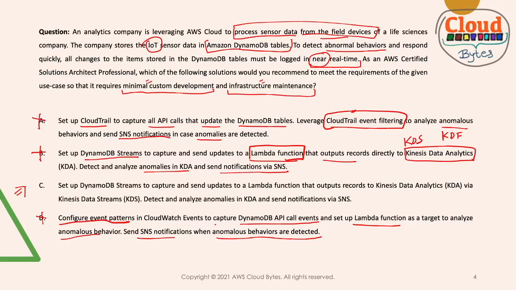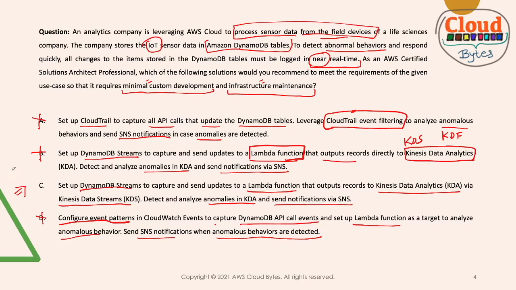Okay, let's look at the last option here. Set up a DynamoDB stream to capture and send updates to a Lambda function that outputs records to KDA, which is Kinesis Data Analytics, via Kinesis Data Stream, detect and analyze anomalies in KDA, and send notification via SNS, which makes sense.